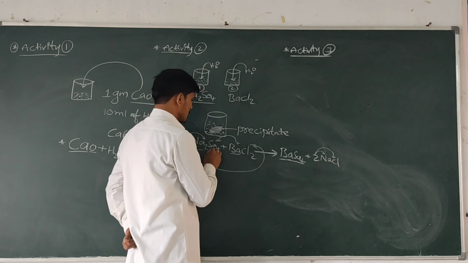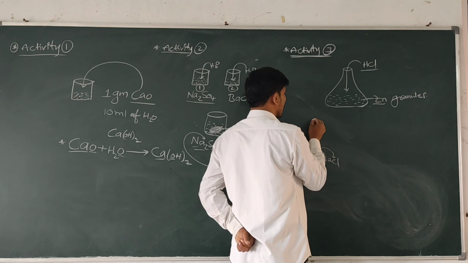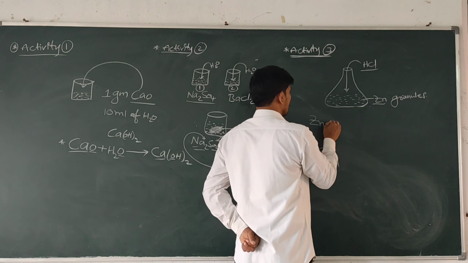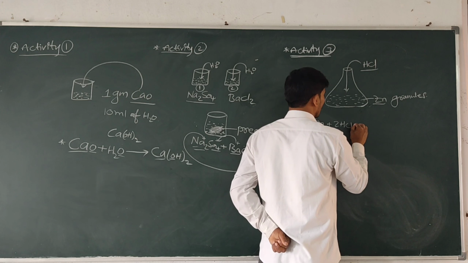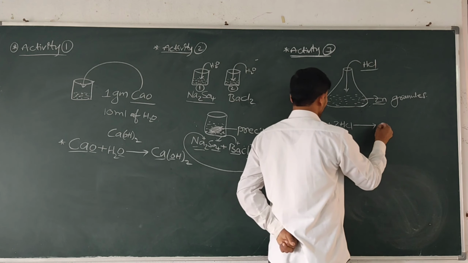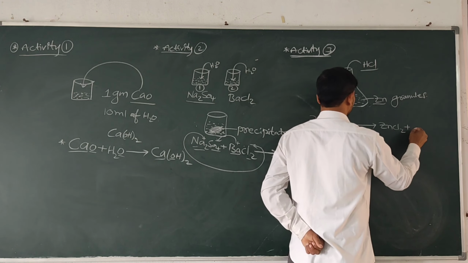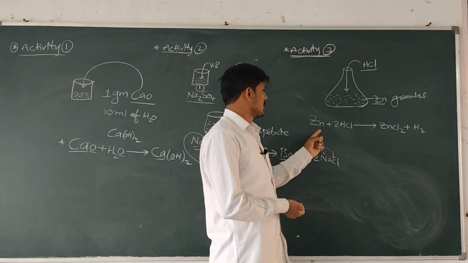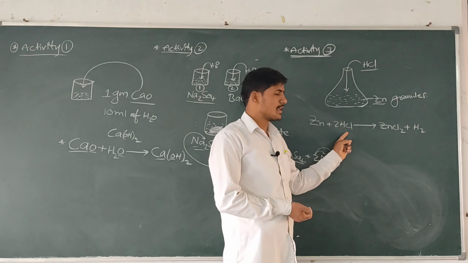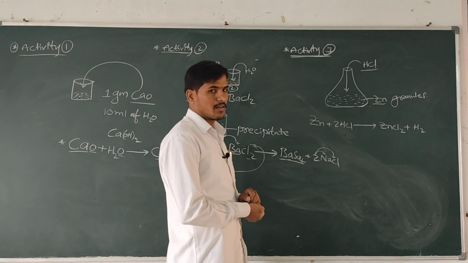Here the chemical reaction takes place between the zinc granules and hydrochloric acid. What is the chemical reaction? Zinc plus 2 moles of HCl gives rise to ZnCl2 plus hydrogen gas evolved. When zinc is treated with hydrochloric acid, zinc chloride is formed and hydrogen gas is evolved.